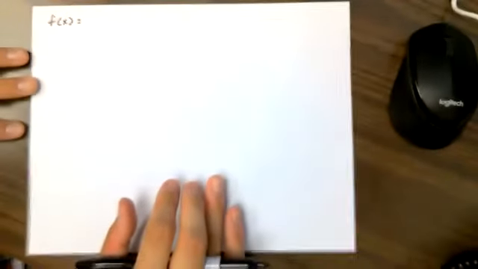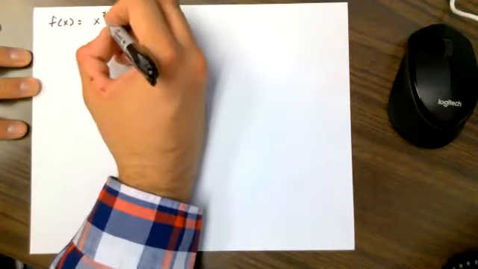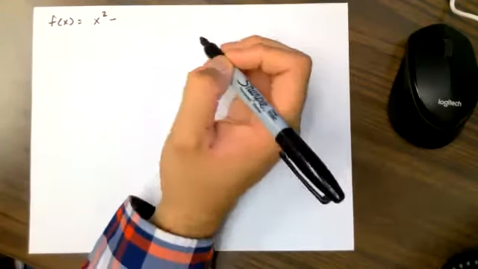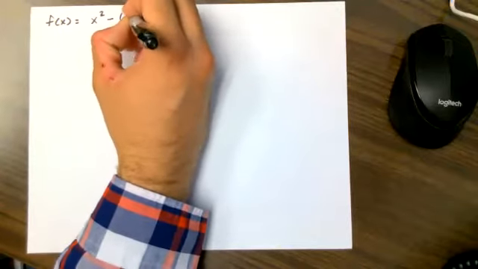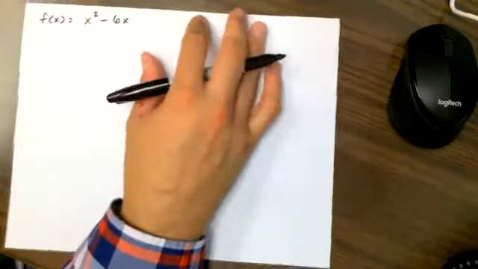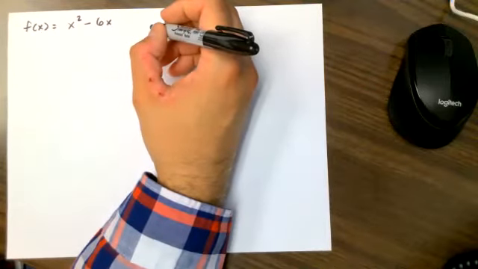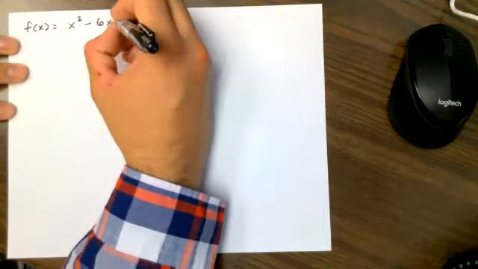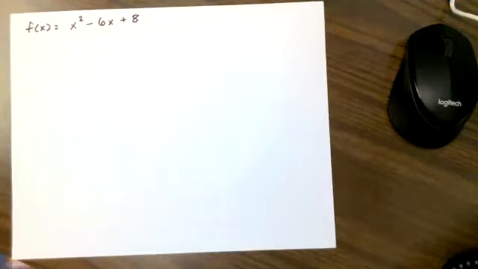So let's say we've got f of x equals x squared minus 6x plus 8.